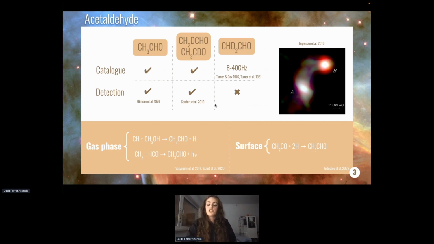Moreover, in the literature, we find different reaction pathways that try to explain the abundances of acetaldehyde, but these are still debated. If we are able to measure the doubly deuterated acetaldehyde and derive its abundance, we can maybe constrain these equations that would explain the formation of the main isotopolog and also the singly and doubly deuterated ones.